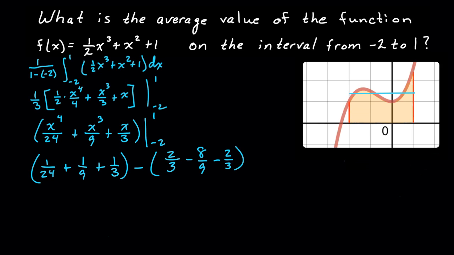All right, so if we do some combining of like terms, we have 1 over 24 minus, and this was 16 over 24, so 1 over 24 minus 16 over 24 would give us a negative 15 over 24.